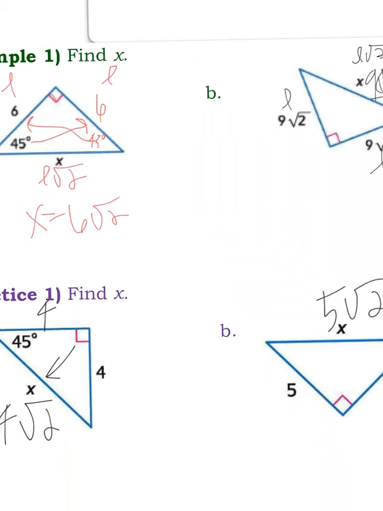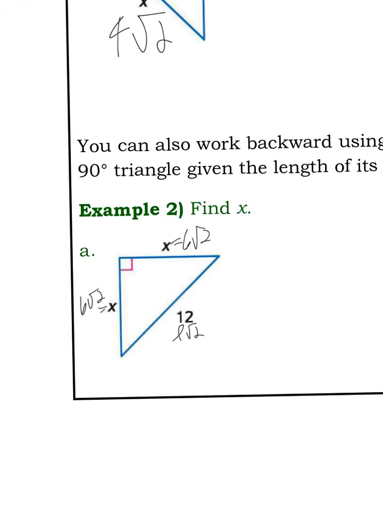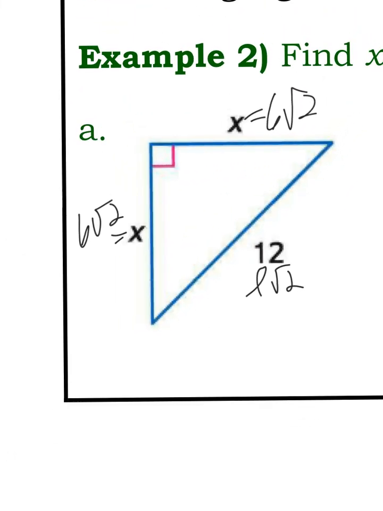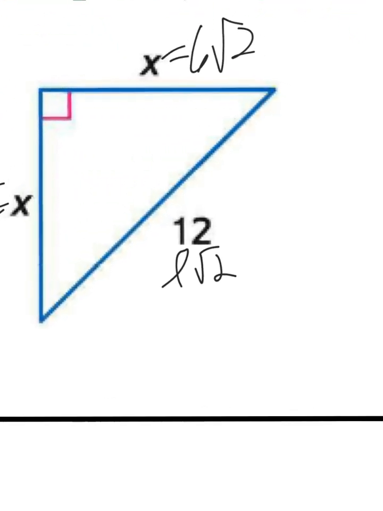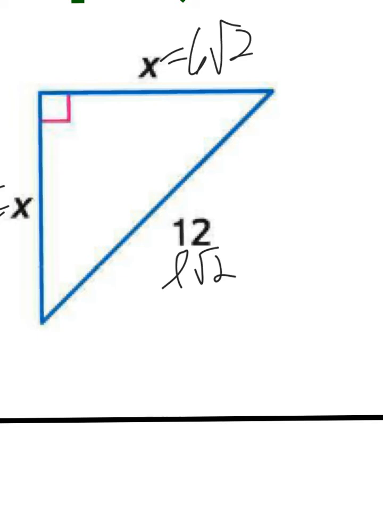Now that may confuse you. If it didn't, great, then you're getting all of this, hopefully. If it did confuse you, I like to think of it like this. 12 is my L square root 2. I need to make it look like that. So if I divide 12 by 2, that's 6 times 2.